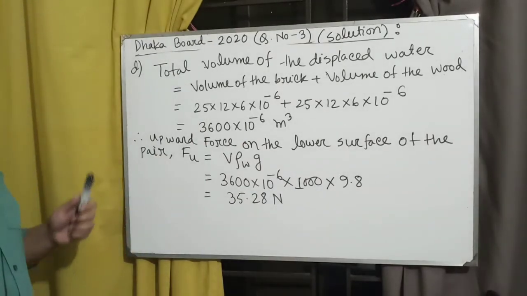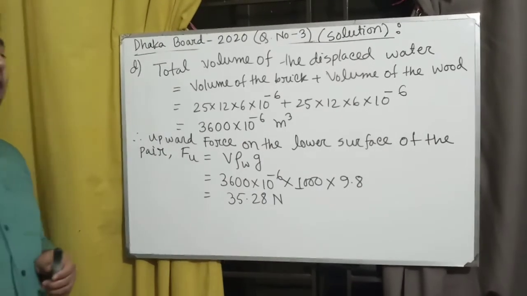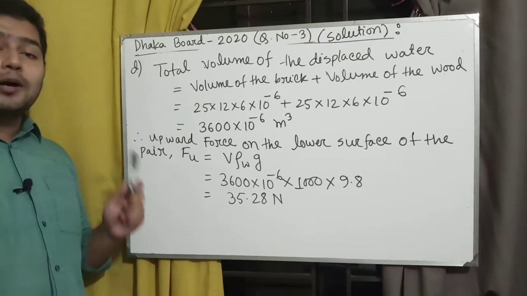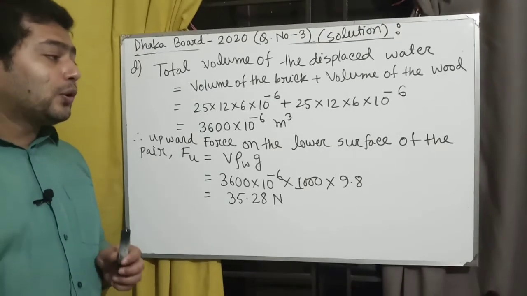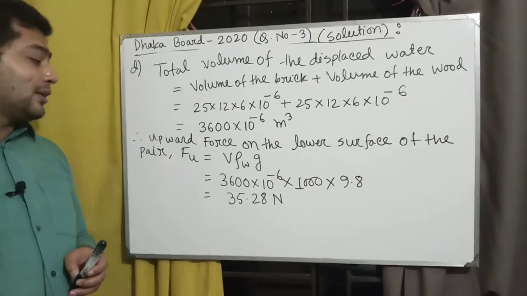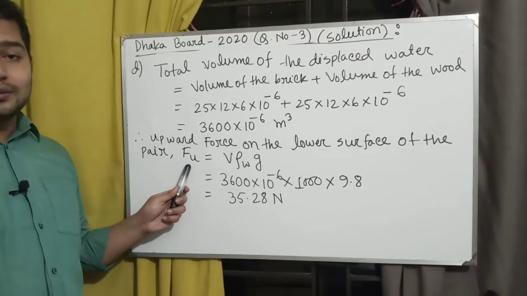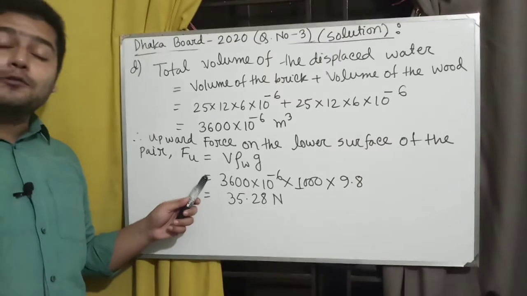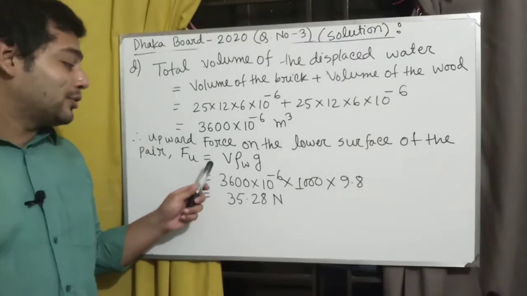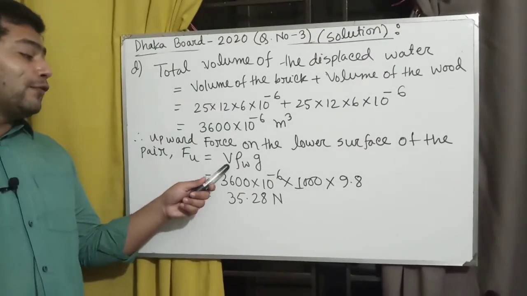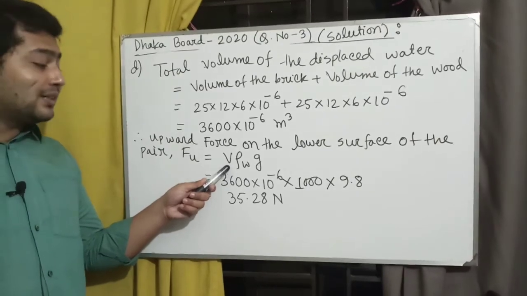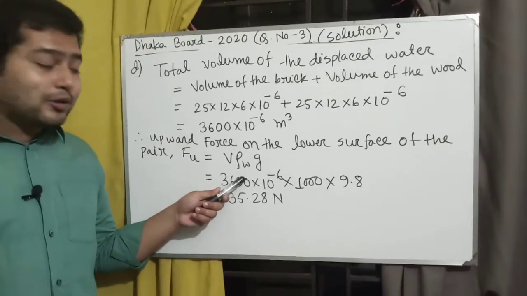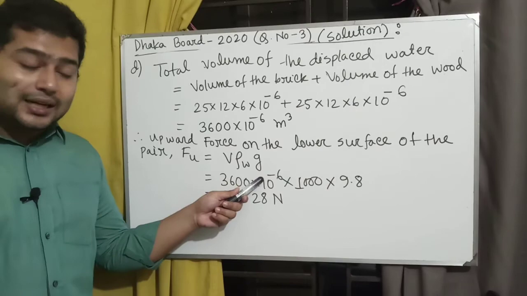Now upward force on the lower surface of the pair, F upward, or in short upward force, Fu equal to, here upward force is given by water. So here we will use the volume of displaced water, density of water and gravitational acceleration.